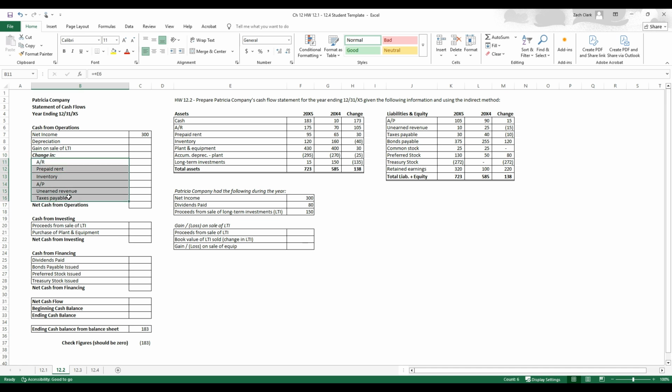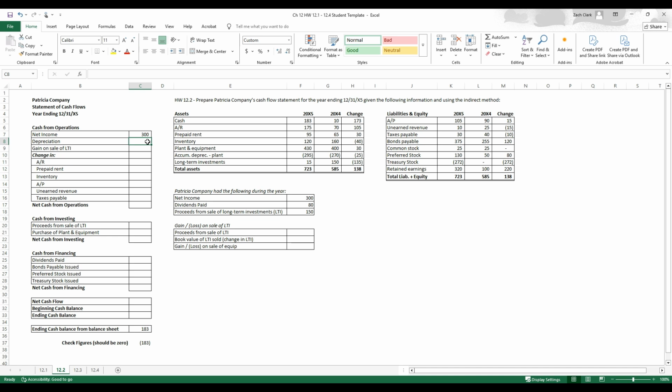The way I've seen this done in practice in the real world is you would have a section for changes in balance sheet items, and we're going to put positives or negatives. It's the same thing; we're just not listing out increase in AR or decrease in prepaid rent, but we can see whether they're increases or decreases from our variance analysis here.